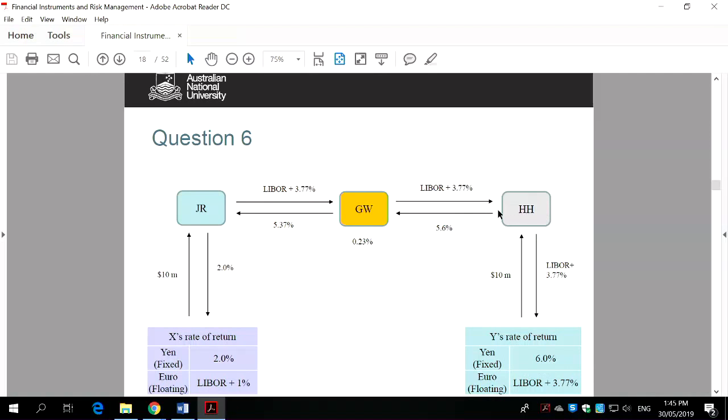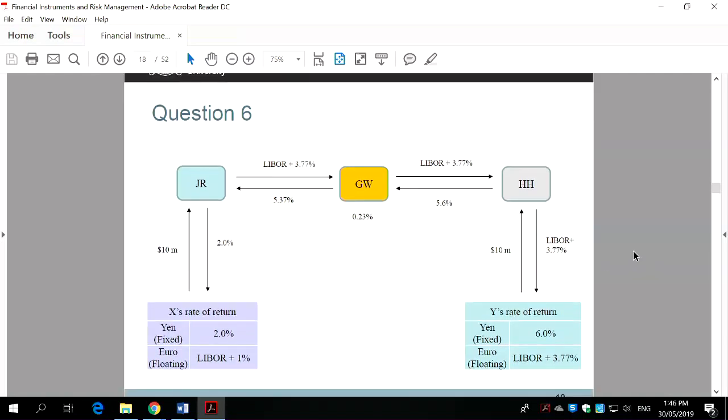So all HH needs to pay us is 5.6%. And then we take a 0.23% cut. We're passing the remaining to JR. Right? Then we complete the swap.